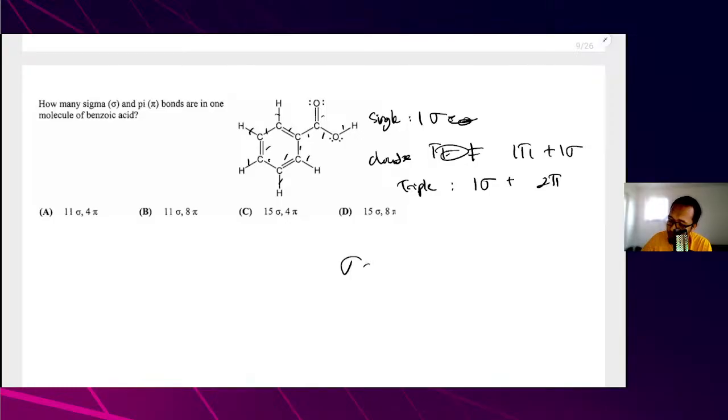So the sigma bonds will be 15. How about the pi bonds? 1, 2, 3, 4, only 4. So the answer will be C as well.